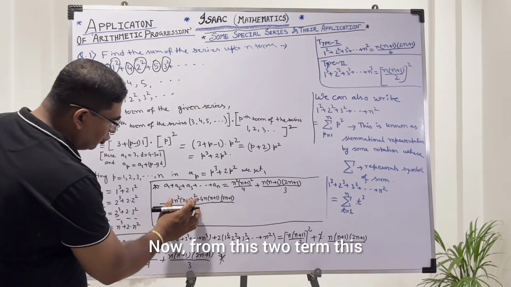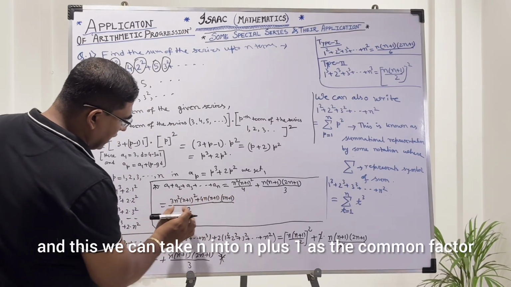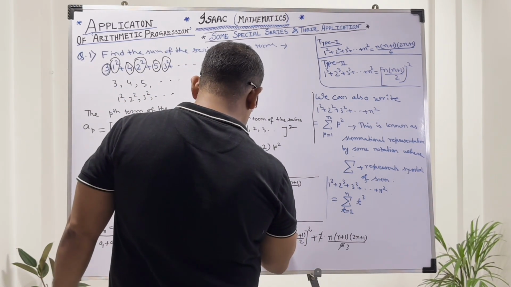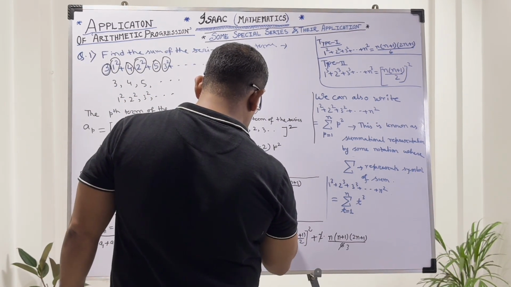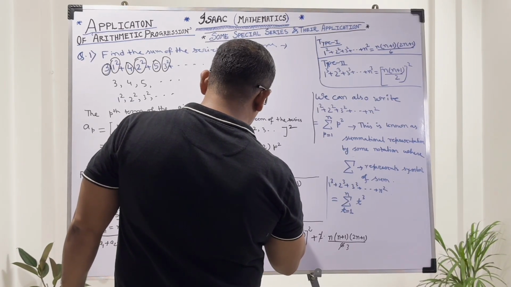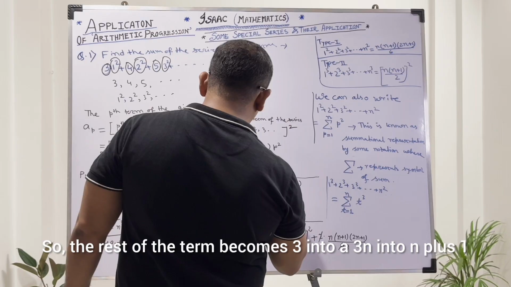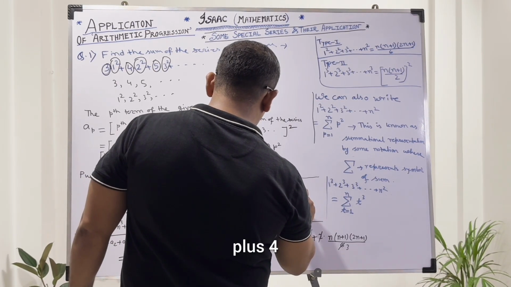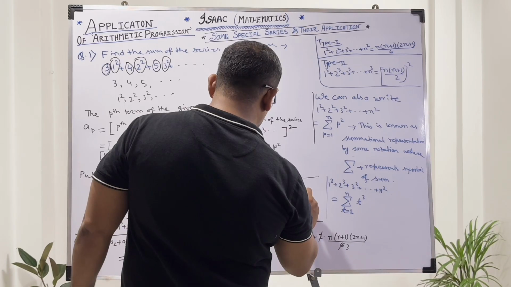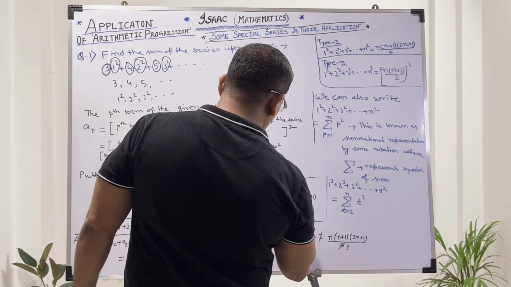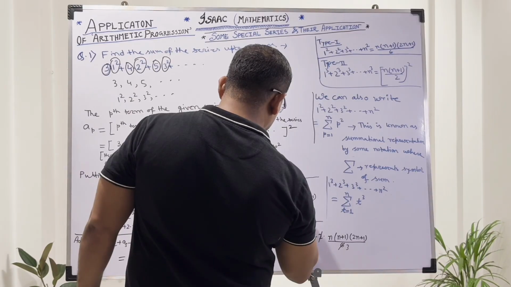Now from these two terms, we can take n into (n plus 1) as the common factor. So the rest of the term becomes 3n into (n plus 1) plus 4 into (2n plus 1) whole divided by 12.